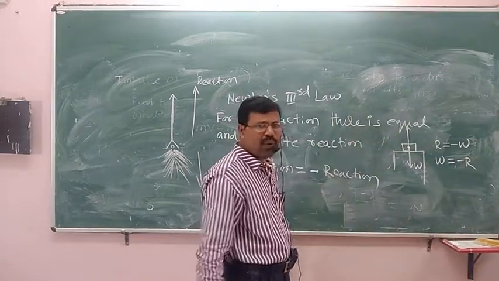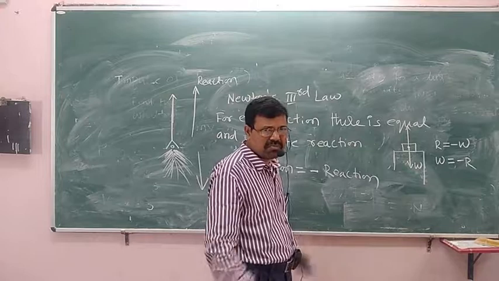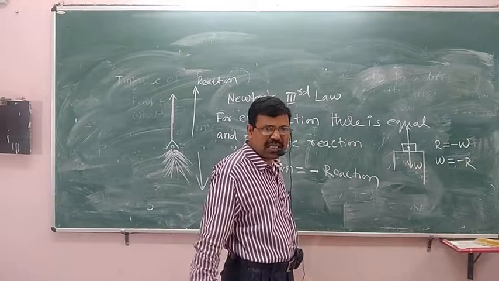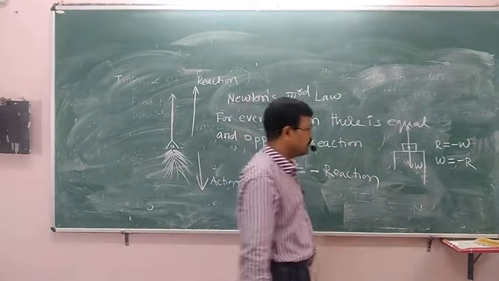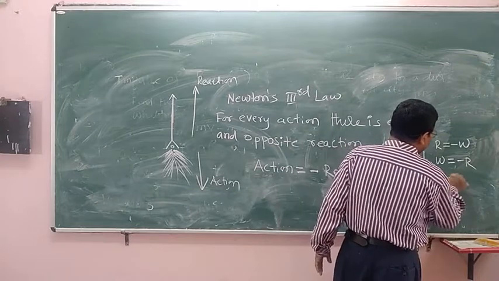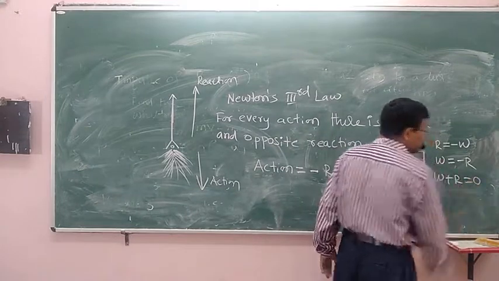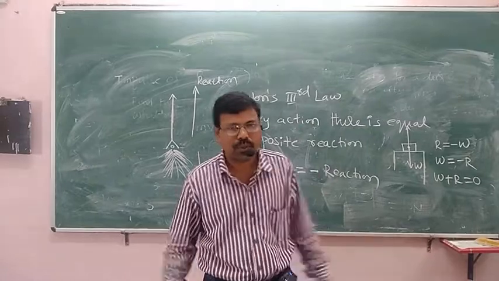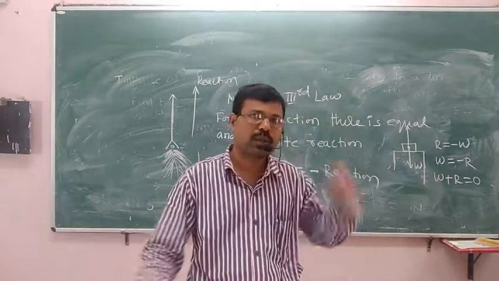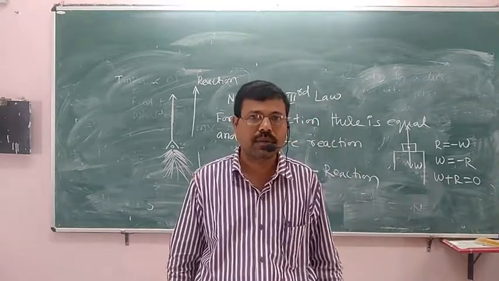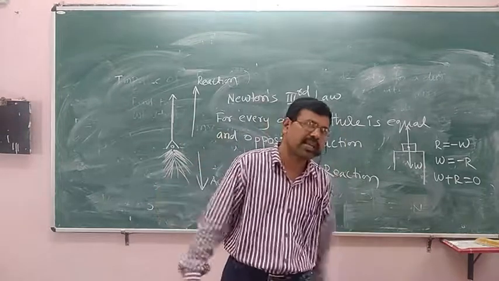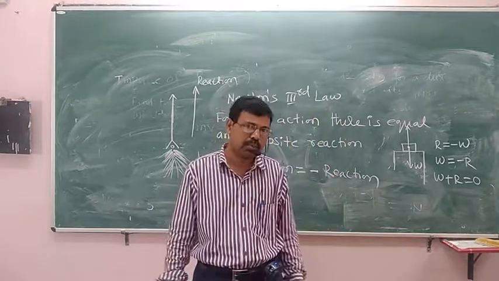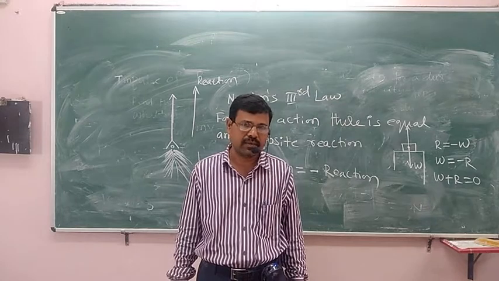But the net force on the balanced system is 0. That is W plus R is equal to 0. So this completes Newton's third law of motion. That is, for every action, there is equal and opposite reaction. Thank you.